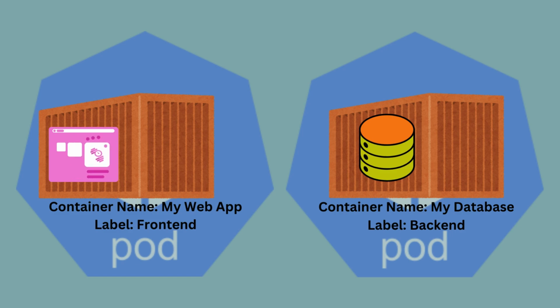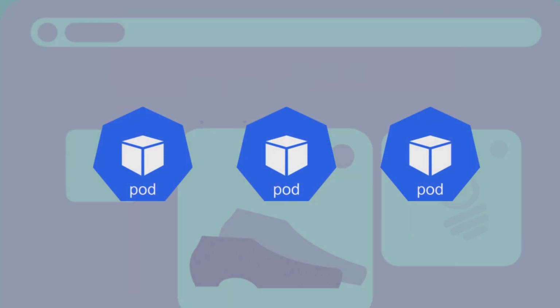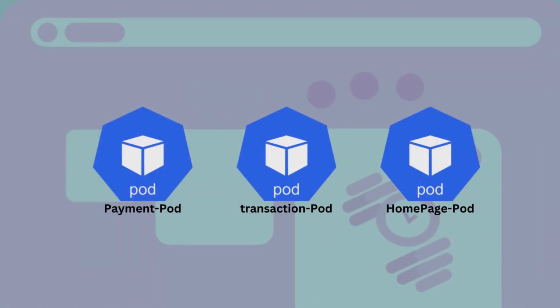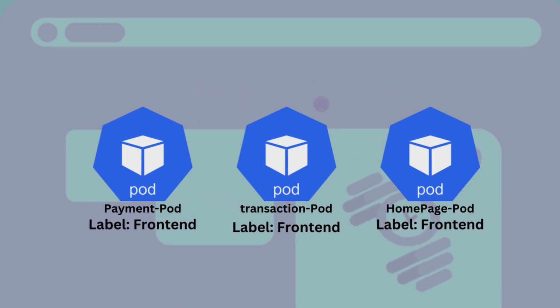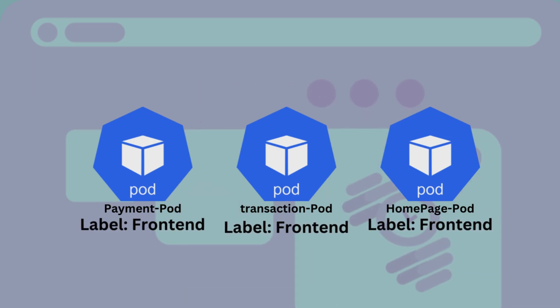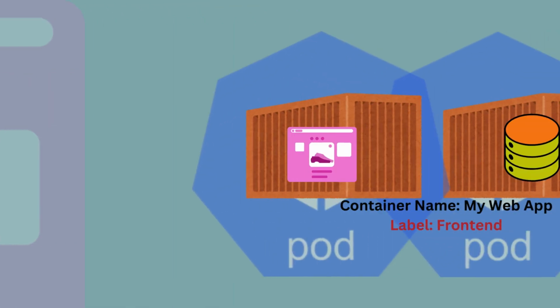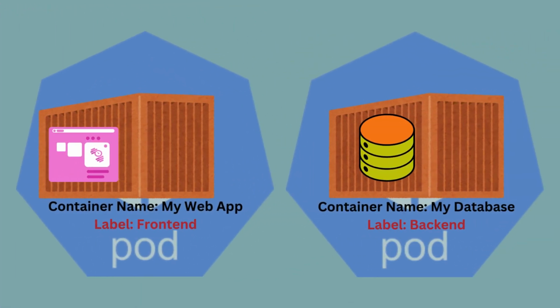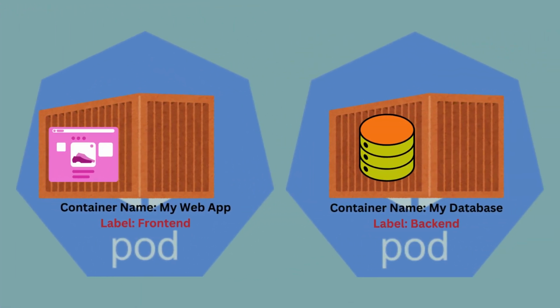So that means we have a front-end pod and a back-end pod. If we are creating a web application which has three pods, and all these three are part of the front end, we will label them as front end. So it is like grouping them and giving them a name. These labels help Kubernetes know which pod is which.